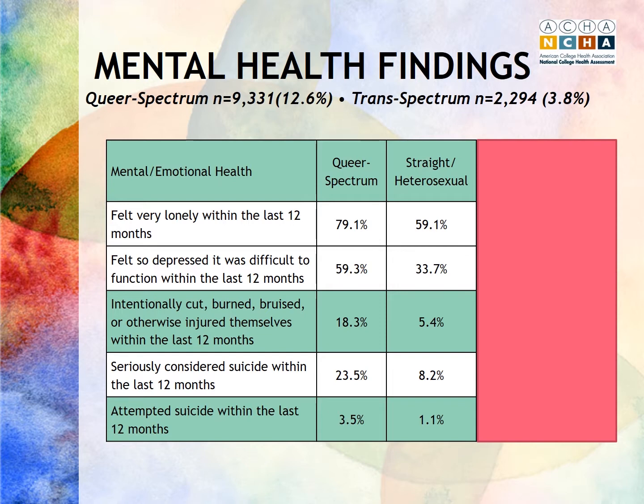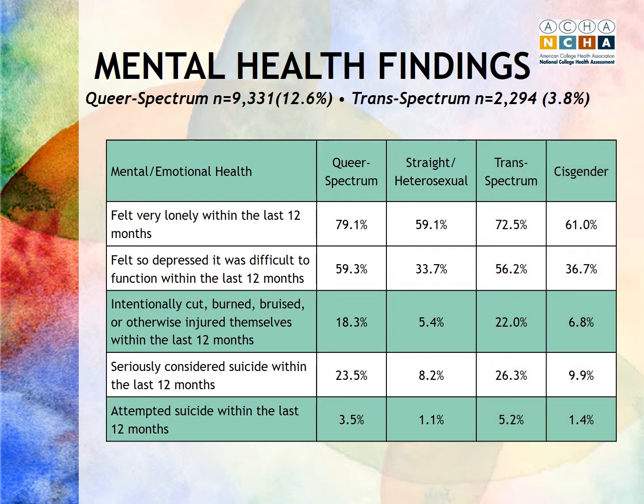And looking at those differences, you can see they're almost 3 times as high for the queer spectrum students. And you'll notice a similar pattern with the trans spectrum students, that those rates are 3 times the same for their cisgender peers.